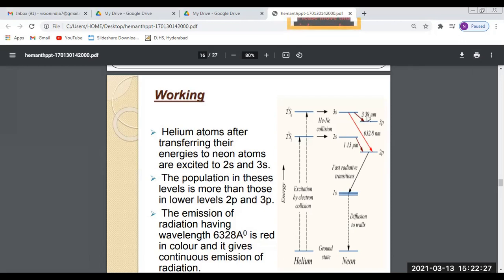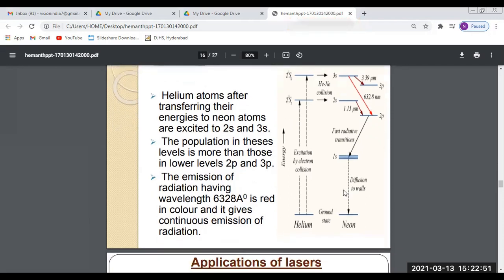This one is 3.39 micrometer, an infrared transition, and this radiative transition has a wavelength of 632.8 nanometer, or 6328 angstrom, right? With this we can know how the helium neon laser emits a very intense red continuous laser light beam.